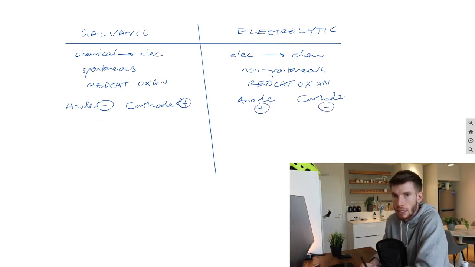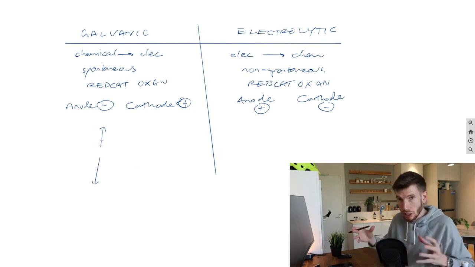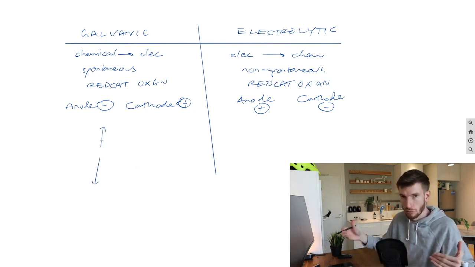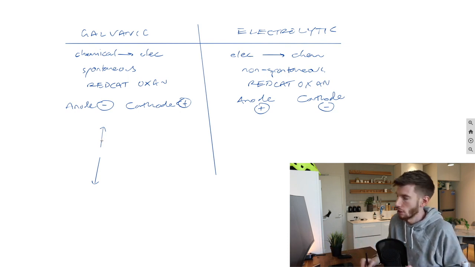In terms of reading the electrochemical series, what I would look for here is with galvanic, you want the two that are furthest apart. The bigger the energy gap, the more they want to actually react and more energy they want to give off, creating more chaos or entropy in the environment, which we know is a spontaneous process. Electrolytic, you want them to be as close together as possible, right?